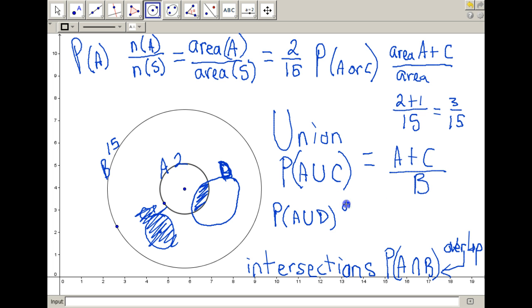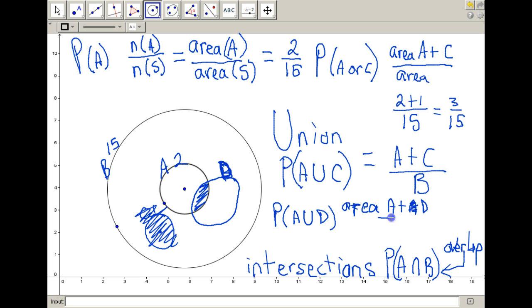But what if I said the probability of the union of A and D? Right? Well, we take the area of A plus the area of D, right? I should just call it A and D. I take those areas and I add them together.